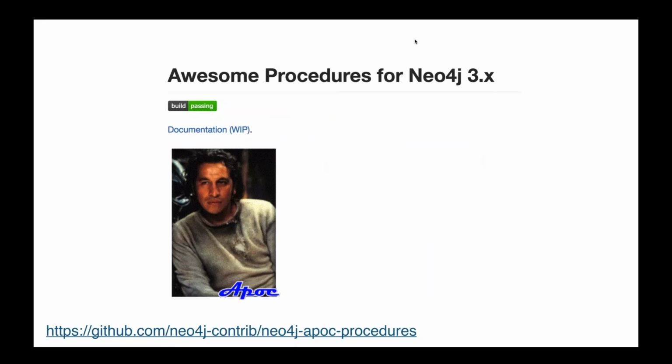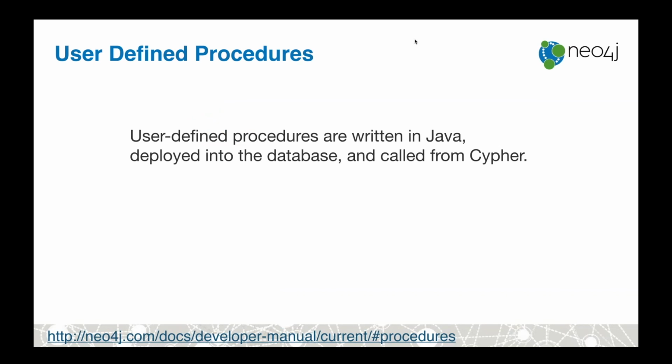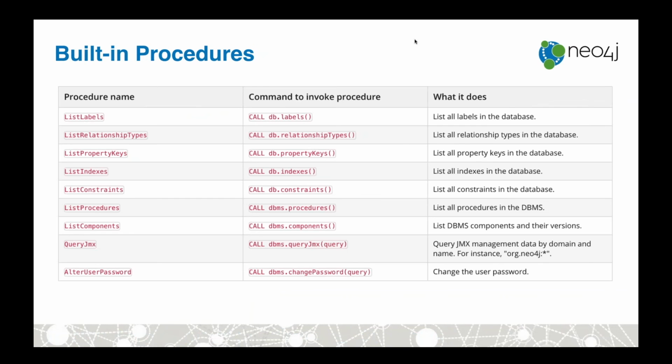We said they were Java code that's deployed to the database and then callable from Cypher. Folks at Neo4j and community members have been working on what we're calling Awesome Procedures for Neo4j, or the APOC library, that contains lots and lots of different procedures that can be used.